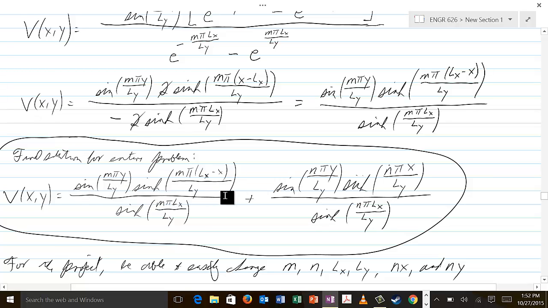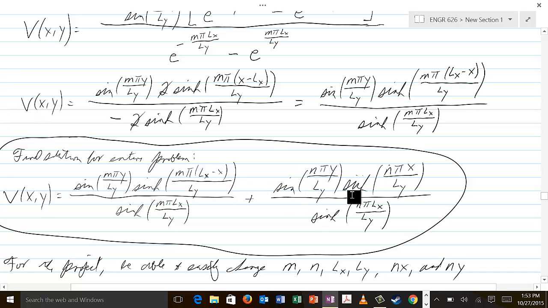What about on the top and bottom? Well, on the bottom, y is equal to 0, and the sine of 0 is 0, so this would go away, and likewise this would go away. So this definitely satisfies the boundary condition on the bottom as well. And the only remaining question is, does it satisfy the boundary condition at the top? On the top, y is equal to Ly, and this becomes sine of m pi, which is 0 because m is an integer, and this becomes sine of n pi, and again n is an integer, so that will go away.